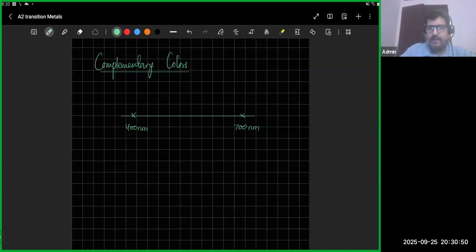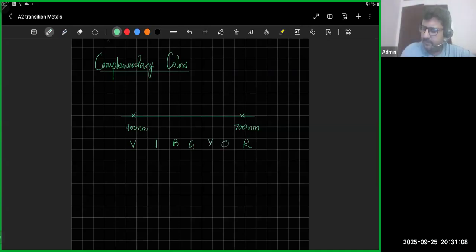700 is red, and 400 is, I'm going to call it violet, and we can divide all the colors.